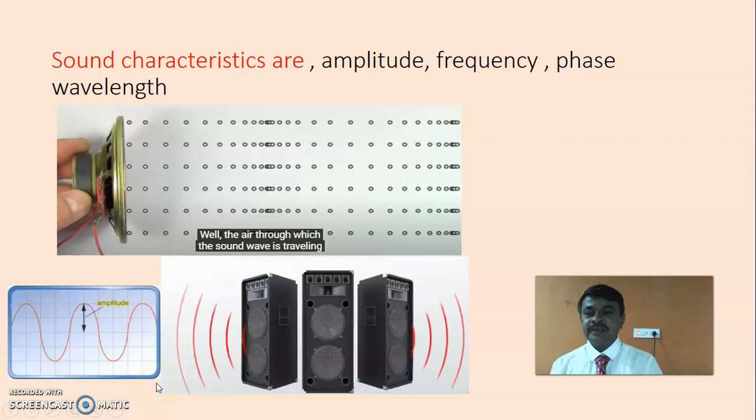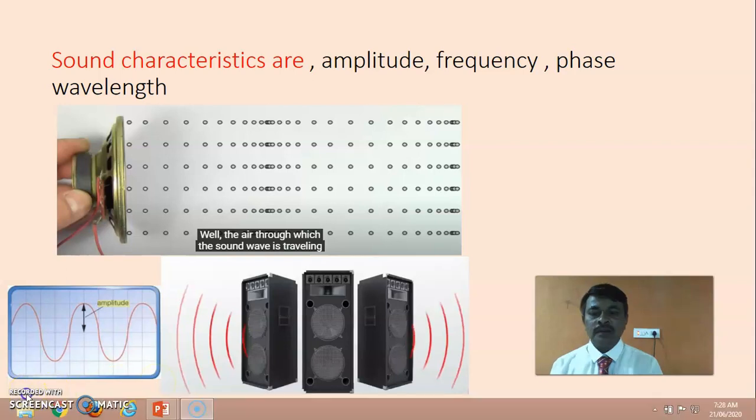We know that such a waveform can be seen in various practical outputs. Such a waveform contains amplitude, frequency, phase and wavelength. So student, these are the sound characteristics of sound waves: amplitude, frequency, phase and wavelength.